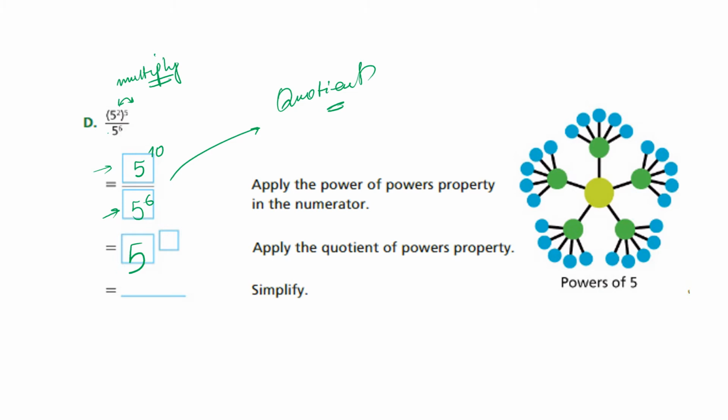It means 10 on the top, write as it is, and change the sign of the power which is written in the denominator. So you will get negative 6. Now the answer is 5 to the power of 10 minus 6, which is 4. Okay. Now multiply means factor it.